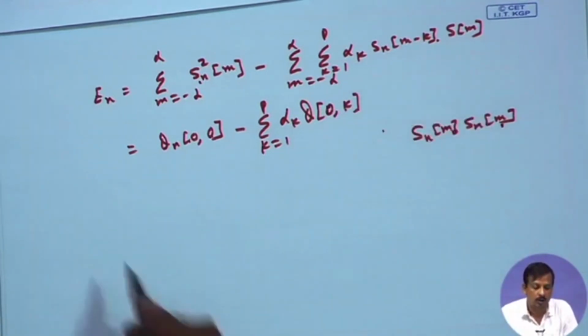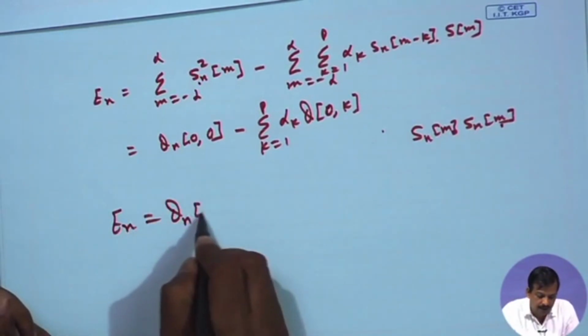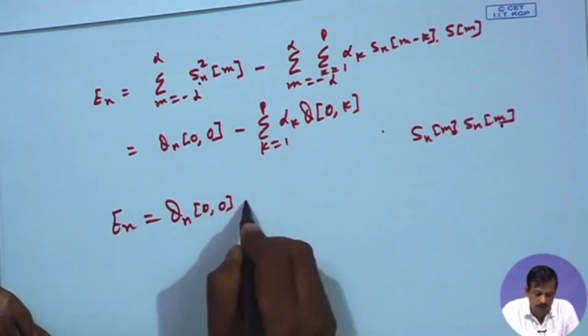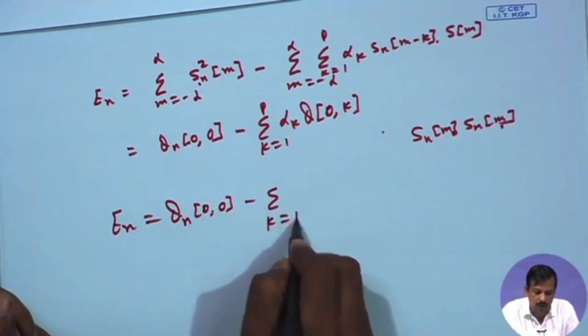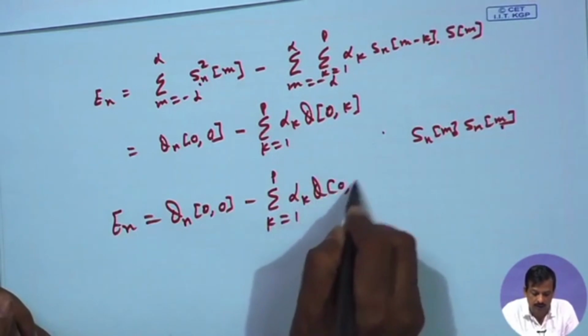So, E n is phi n 0 0 minus the sum over k equal to 1 to p of alpha k phi of 0 k.